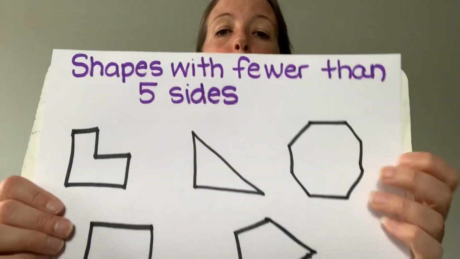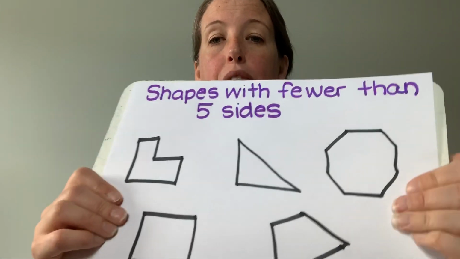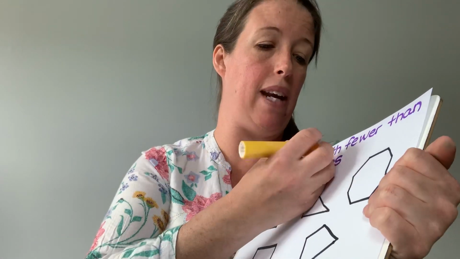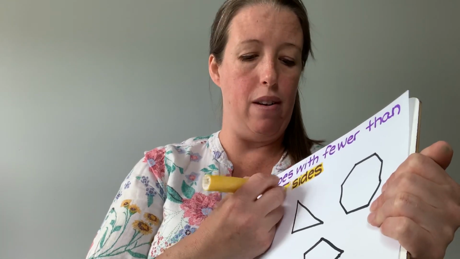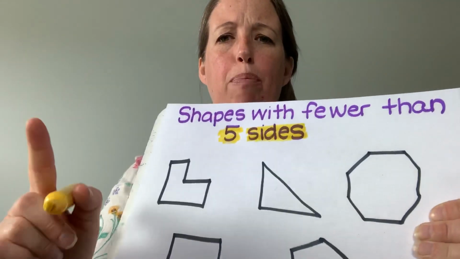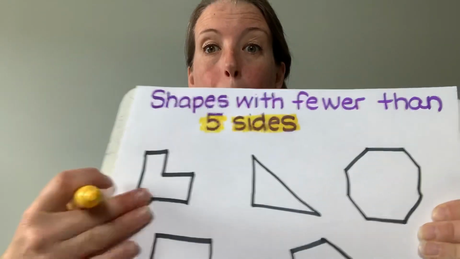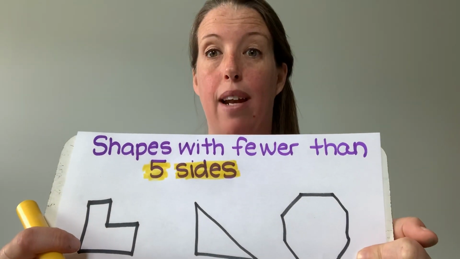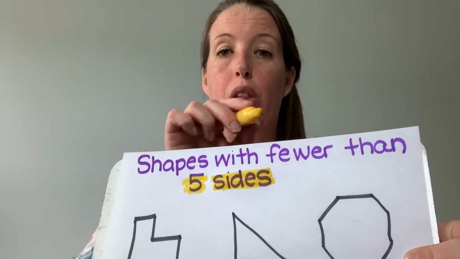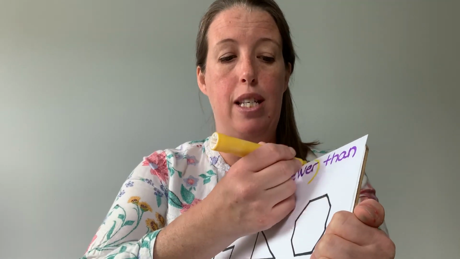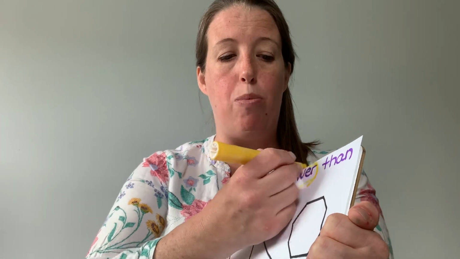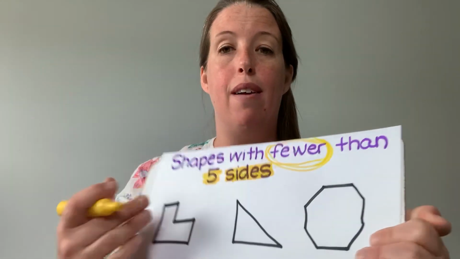Shapes with fewer than 5 sides. Well, right away I recognize I'm looking at my sides again, and this magic number 5, but there's a very, very important key word also in this heading. Shapes with fewer than 5 sides. This is a major word here, fewer.